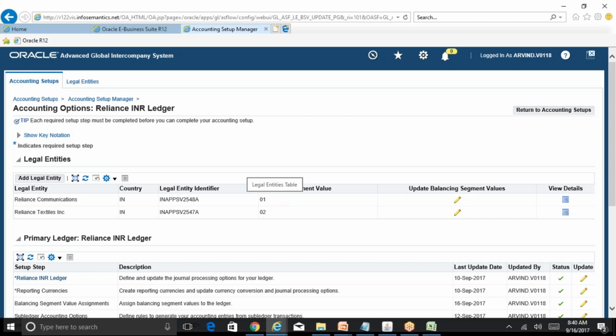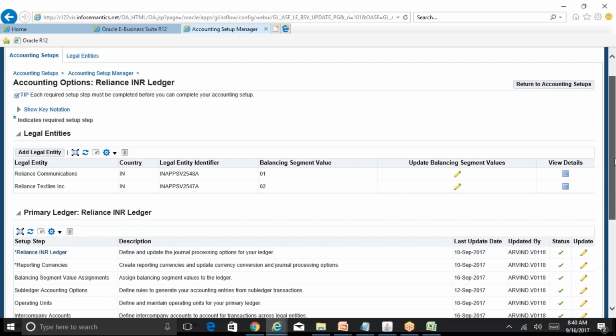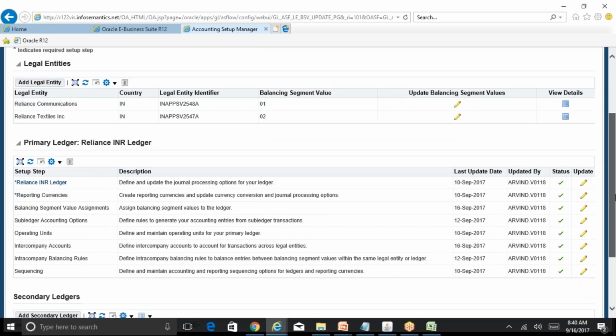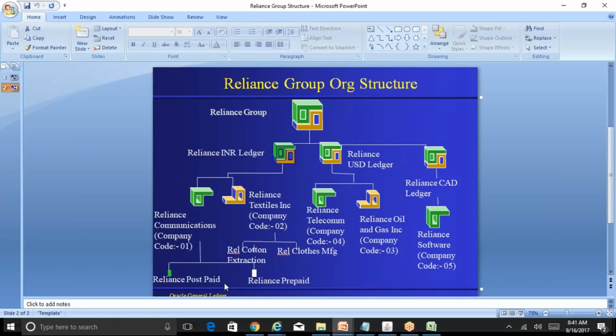So even in that scenario, if I understand right, the whole discussion starts when you created that journal with 03 and 04 in the journal entry screen, right? In our current setup, these two company codes are assigned at the ledger assignments level, not at the legal entity level, as per our INR ledger setup.